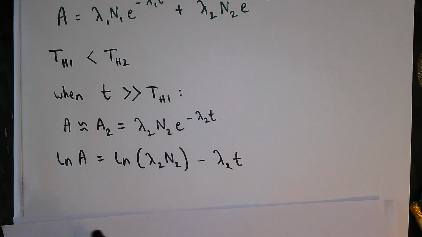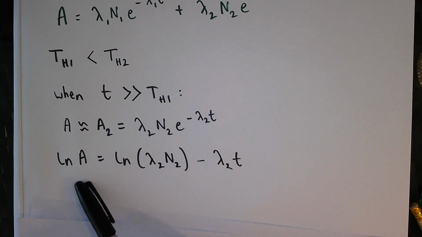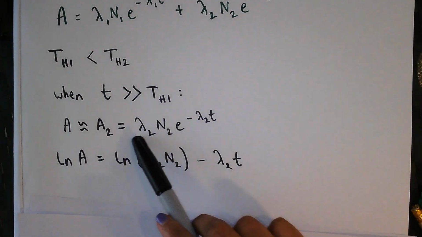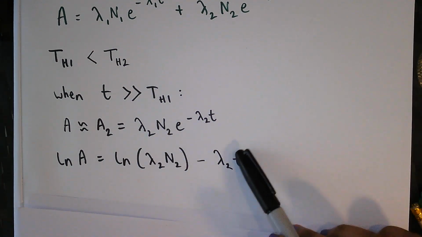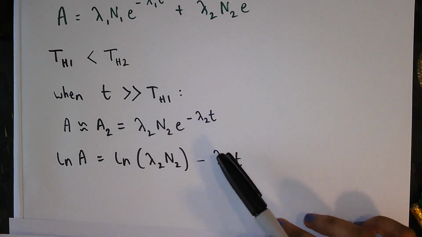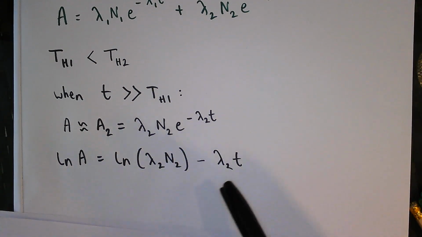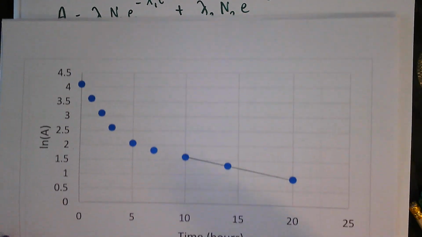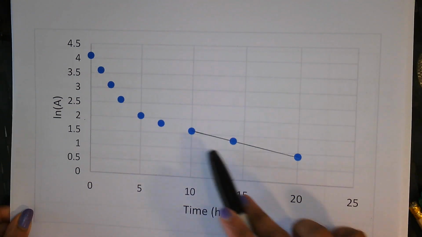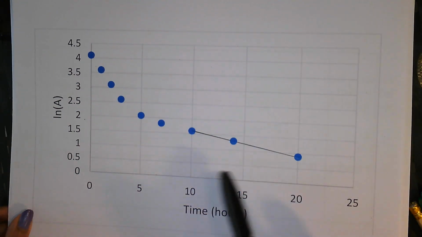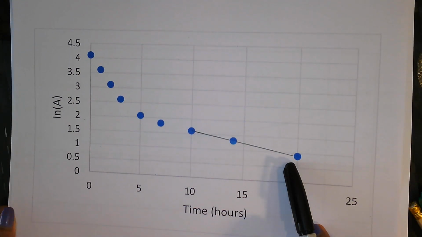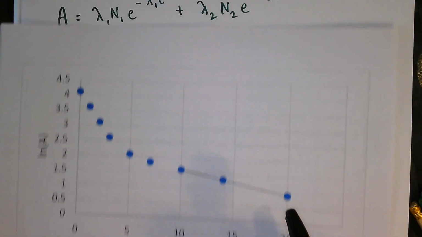We can see from this equation that it is linear, so it's got a constant part and t multiplied by a coefficient, and so the gradient of this graph would be equal to minus lambda 2, which matches here, because there's a negative gradient, so this gradient is equal to the value of lambda 2.